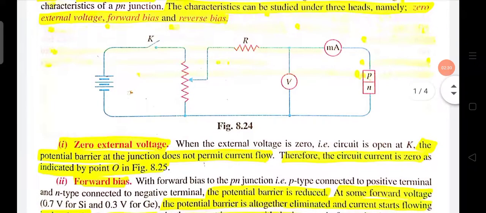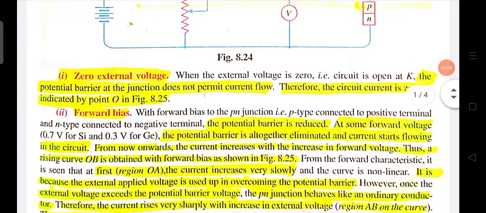The next one is forward biasing. You have already learned what forward biasing is. In forward biasing, the p-type terminal of the PN junction is connected to the positive end of the source, and the n-type end of the PN junction is connected to the negative end of the source.